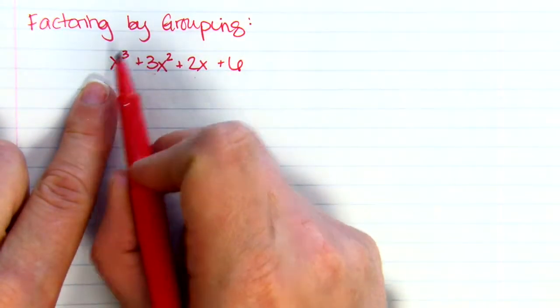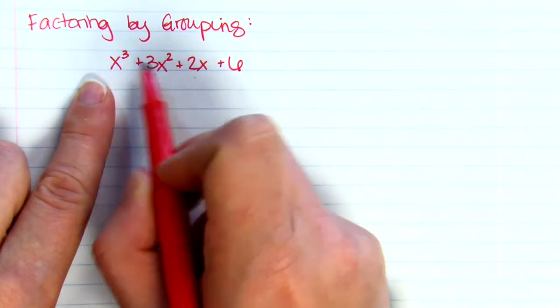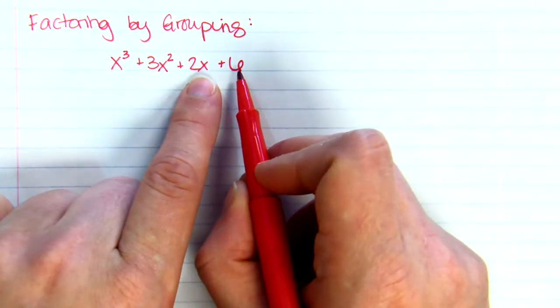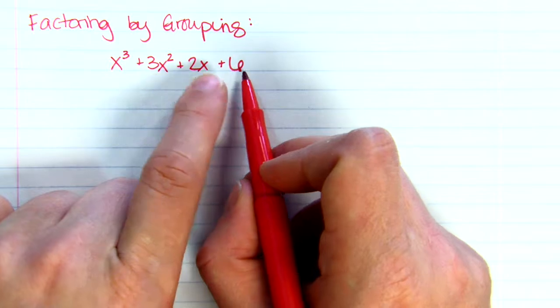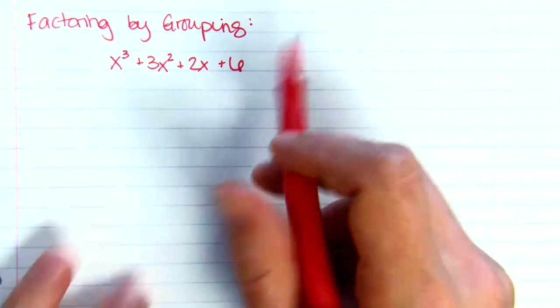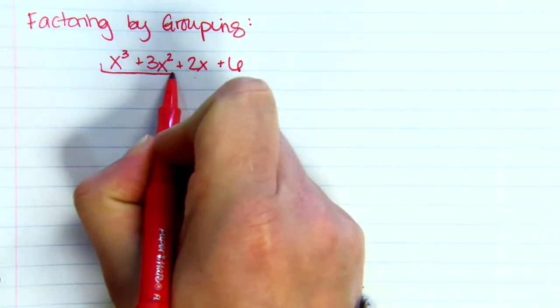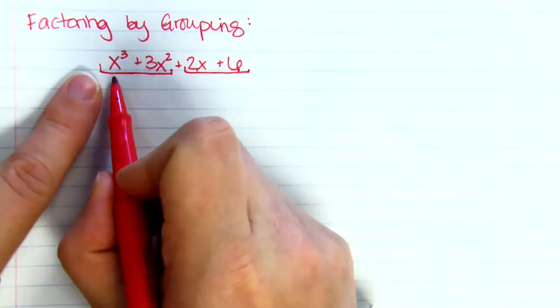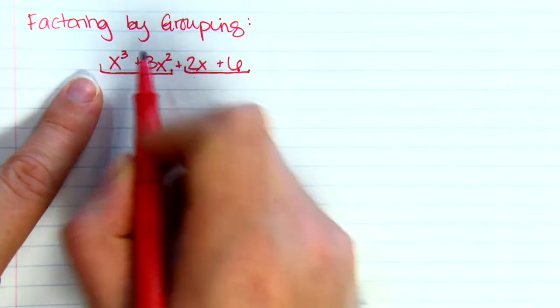So if I look here, x cubed and 3x squared, that has an x squared in common. If I look at this piece, 2x and 6, they have a 2 in common. So I'm grouping it into 2 binomials. Here, like I said, these have an x squared in common.